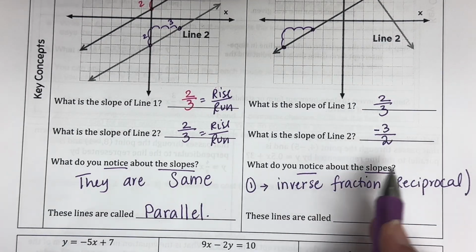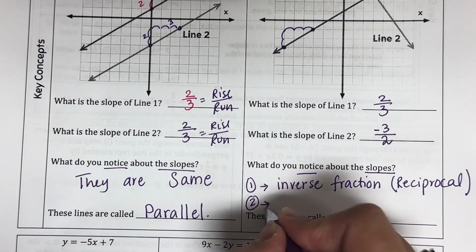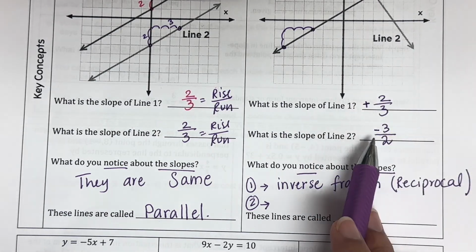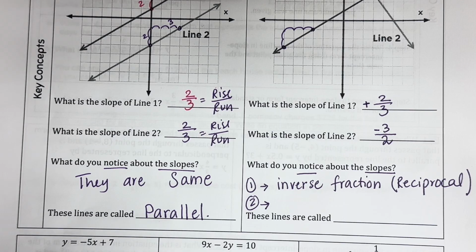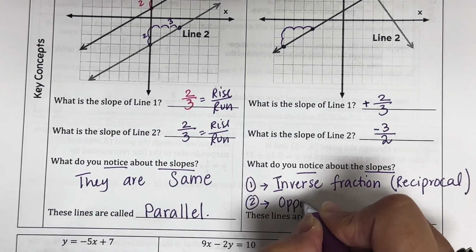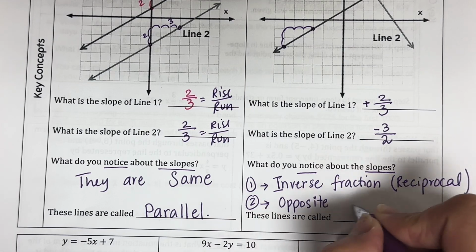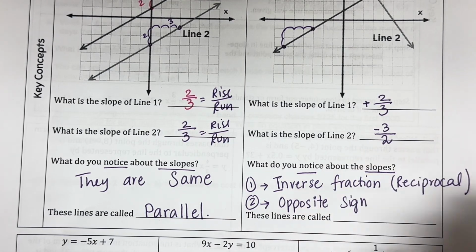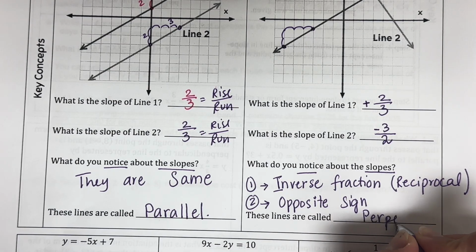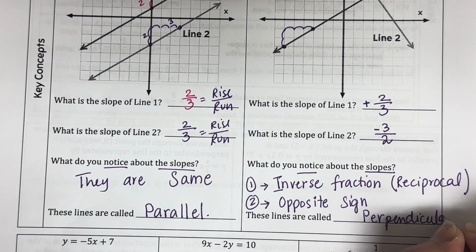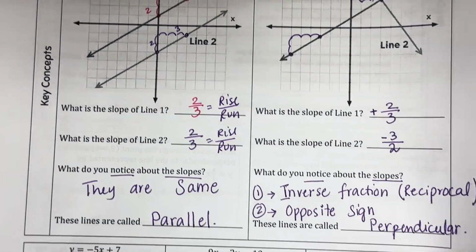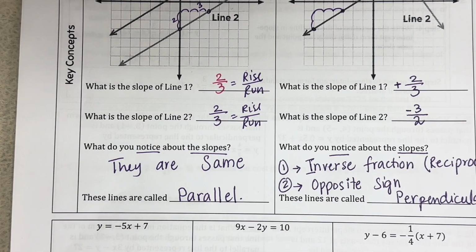And secondly, the slope for line number 1 was positive and for line number 2 it is negative. So they have opposite signs. These types of lines are called perpendicular, and that's the only difference that they have.